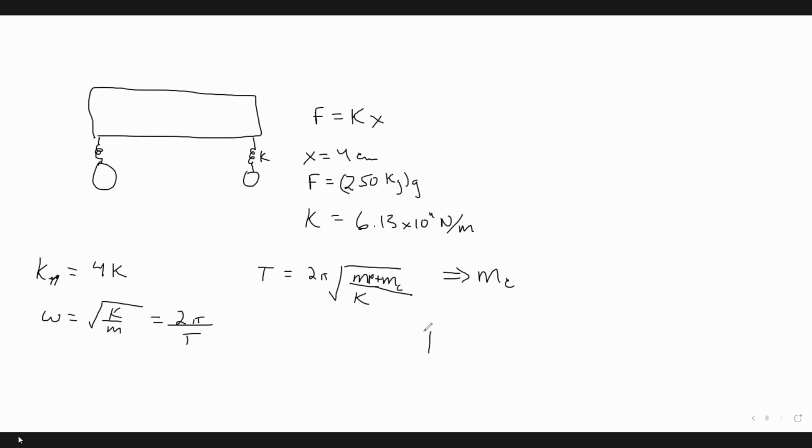Well, that T for the empty car is 2 pi times the square root of the mass of the car over k. So the first part of the problem you use to solve for the mass of the empty car. Now you know the mass of the empty car, you know what the natural period of vibration is.